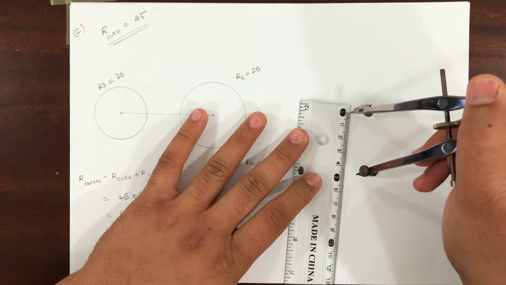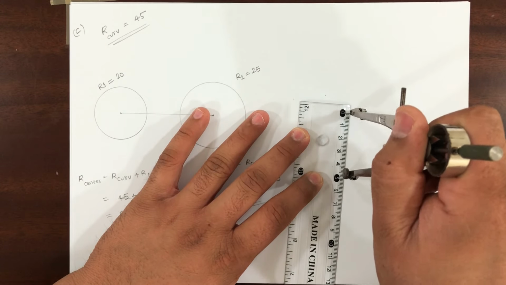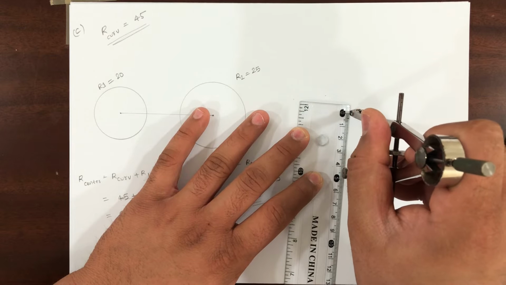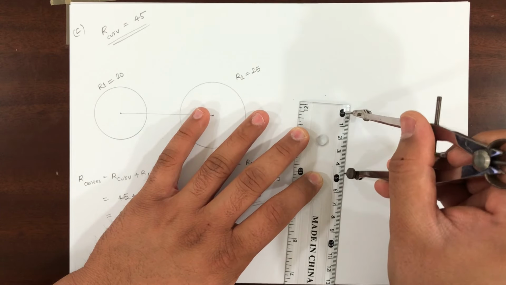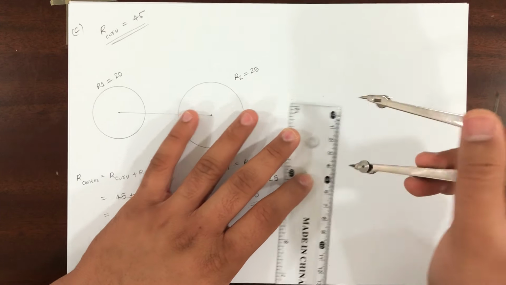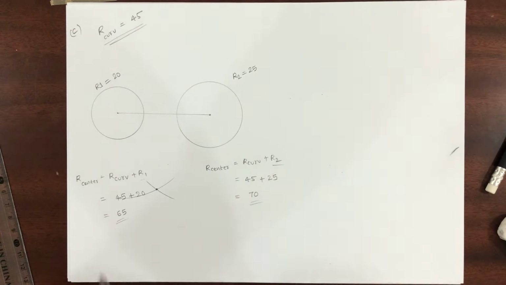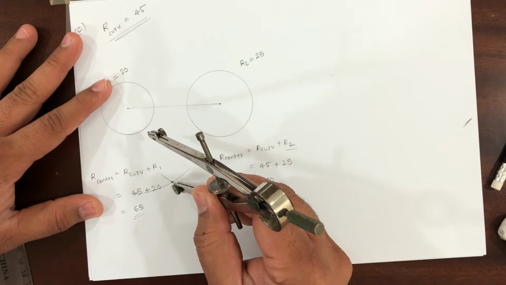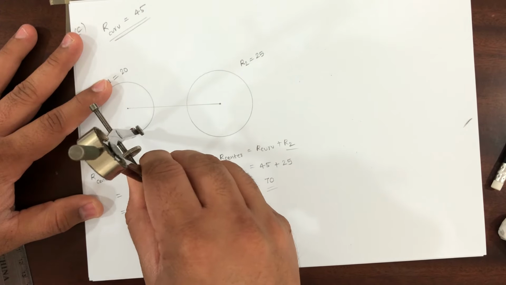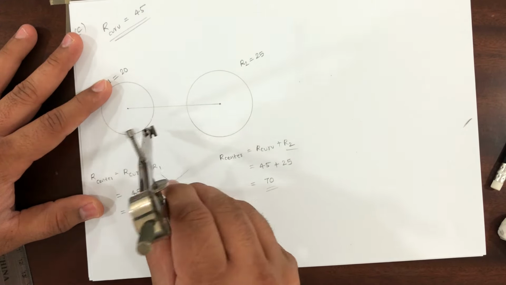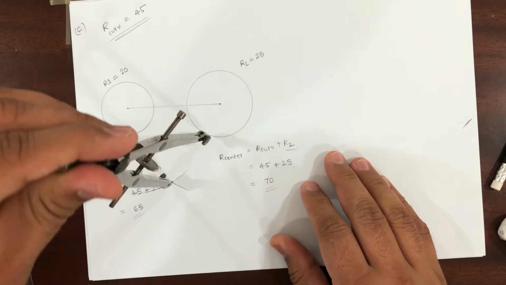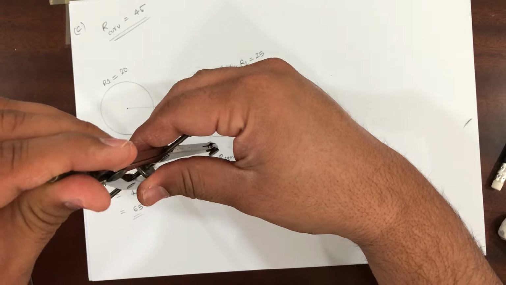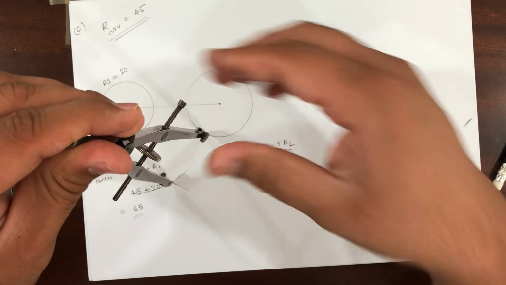The radius of curvature now is 45. Okay, so from here keep the protractor exactly in the center and check whether they are touching or not. It has to touch both sides. This is 45.